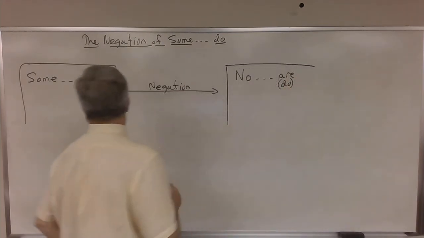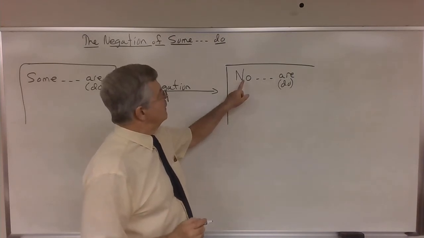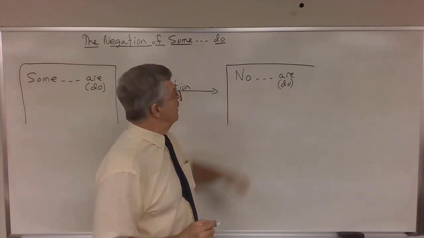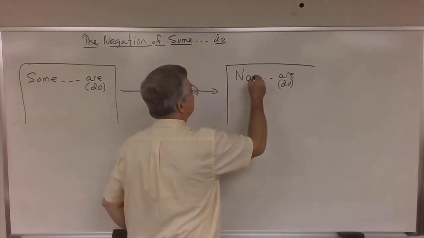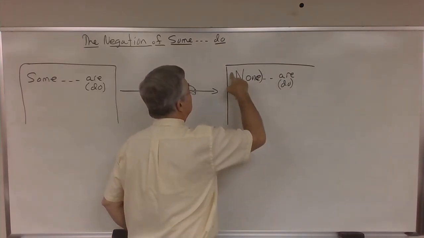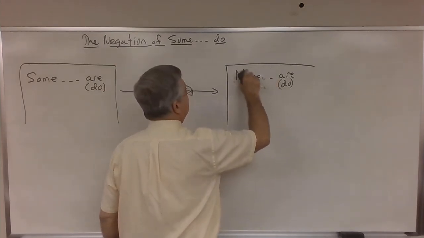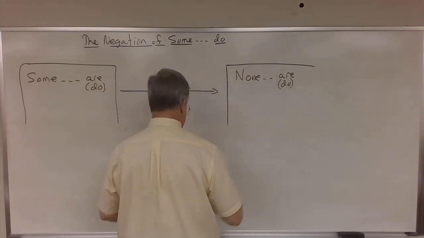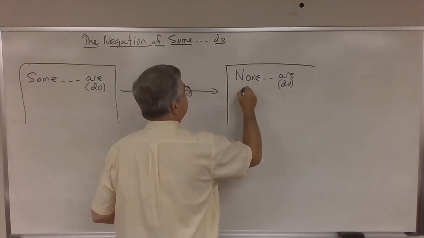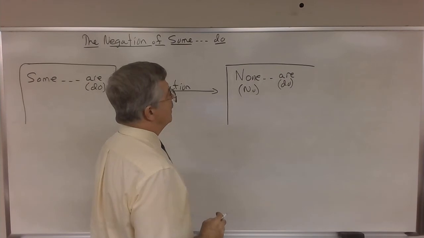Let's see, we found out that the negation of some are is that no are or none are. None are, no are, none do.